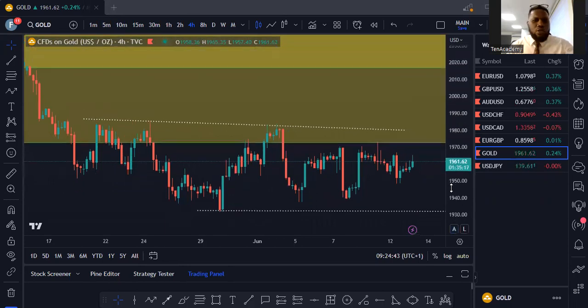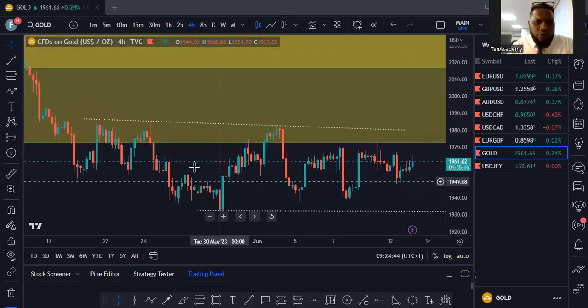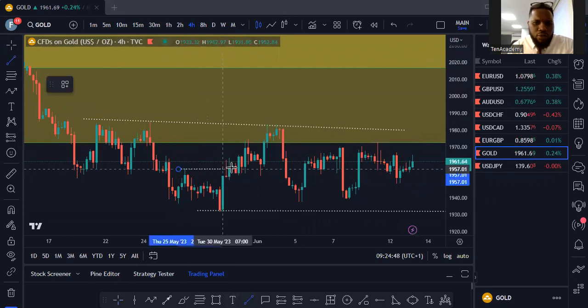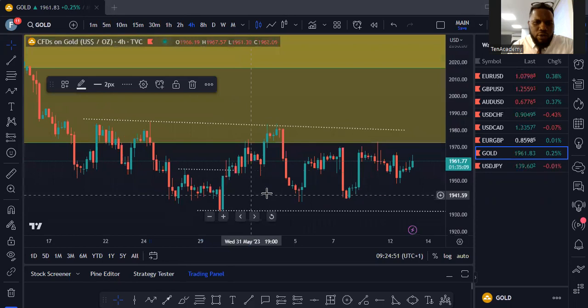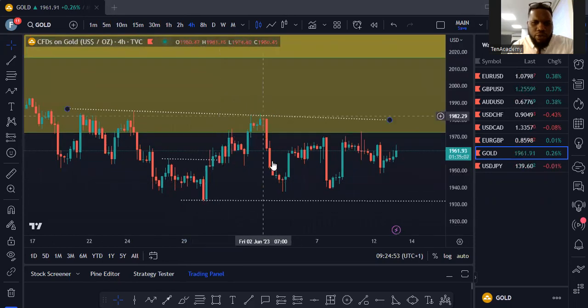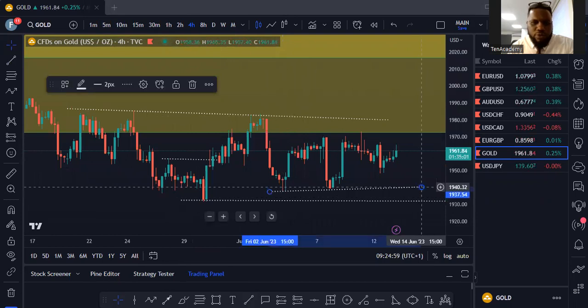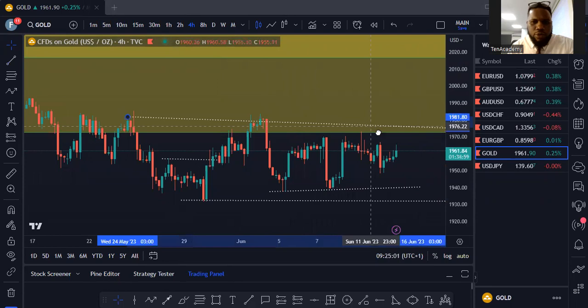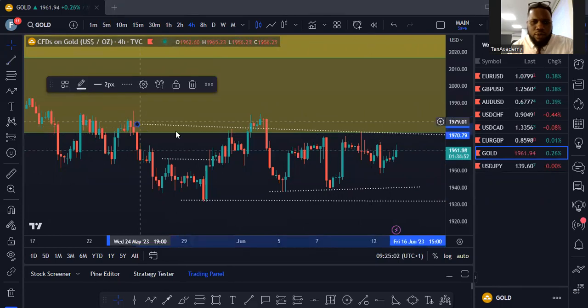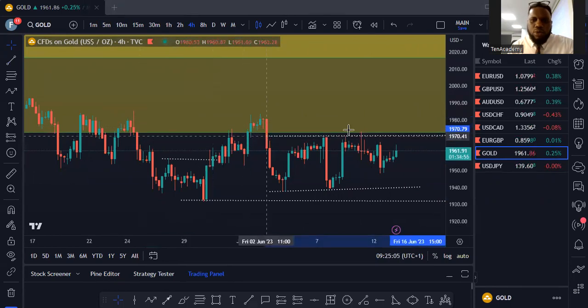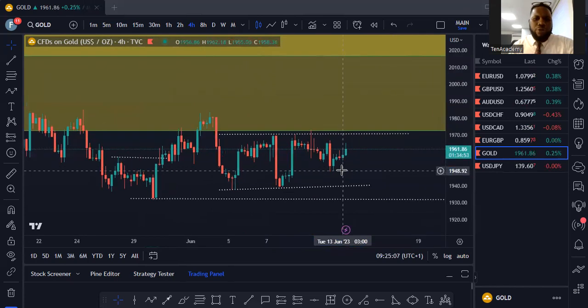So what I'm going to do here, even on the 4 hours overall, you're seeing this move here, price going down. So we have a bit of a range here, like so. Let me just use this here. We're in a bit of a ranging market on the 4 hours.